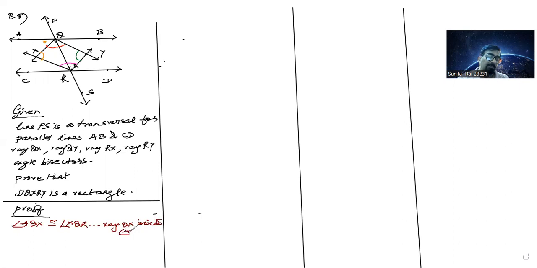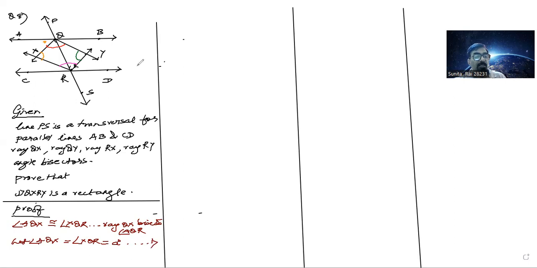So let angle AQX equal angle XQR equal A degrees. Since both angles are congruent, I can take their measure as A degrees. I call it 1.